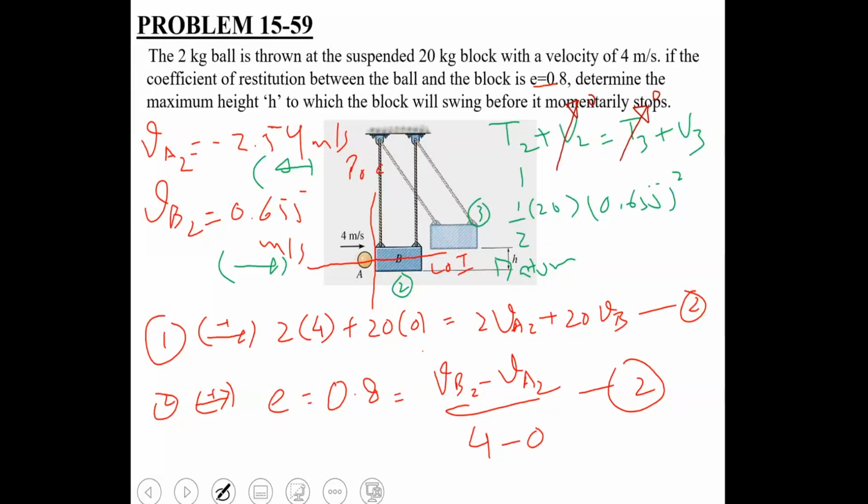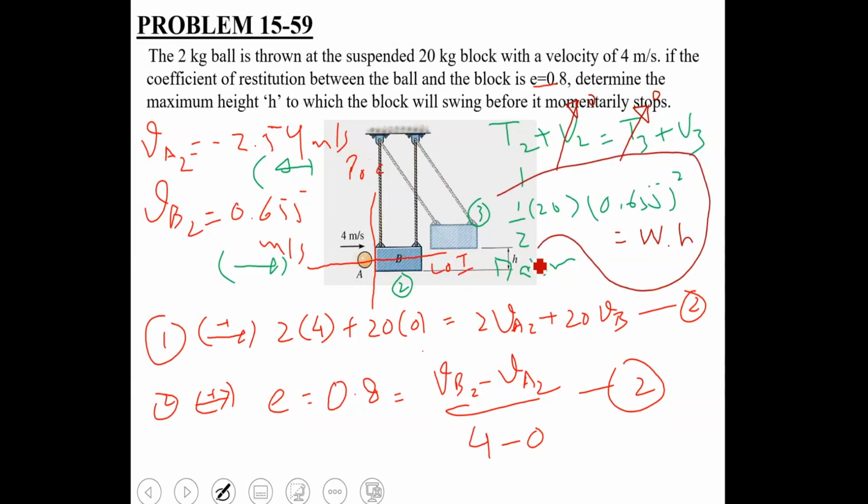Therefore, T3 should be equal to 0. What about V3? Should it be positive or negative? Positive, sir, above the datum. Since position 3 lies above the selected datum, it should have positive gravitational potential, and the value is going to be W times h.